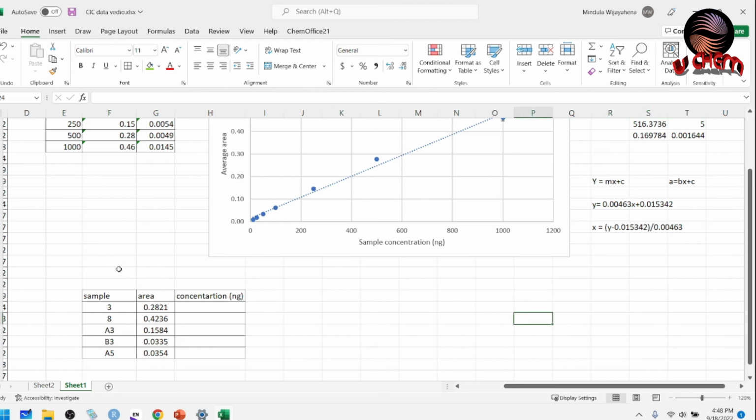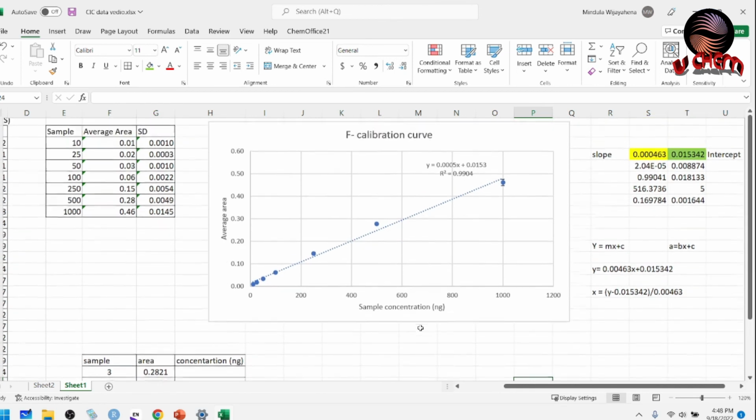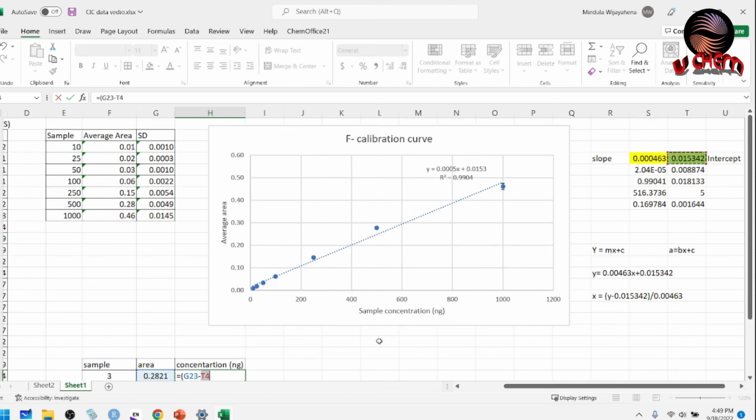Now for this value, how are you going to get it? So my Y value is this, right? Minus intercept. I'm going to select this one.